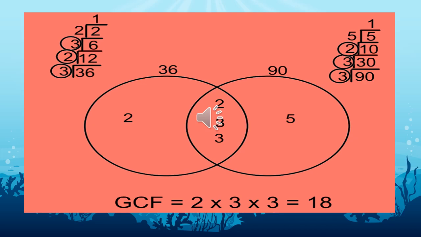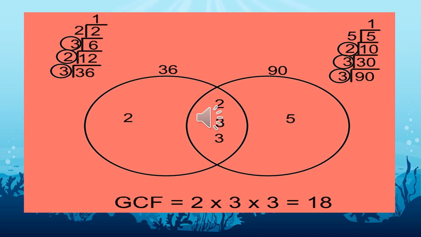Next we plot all these factors on our Venn diagram. So for our left circle we plot all the factors of 36, and on the right we plot all the factors of 90. Now for the middle part, this is where we find the area of intersection, or the area for the common factors.